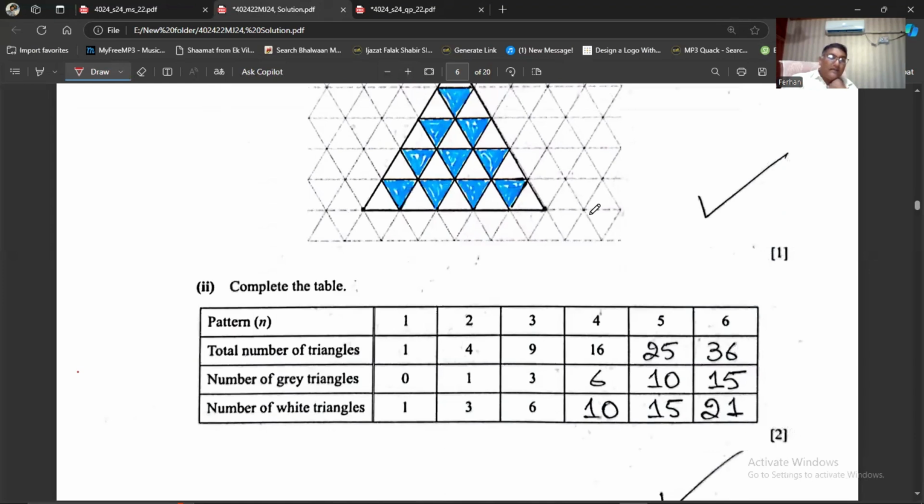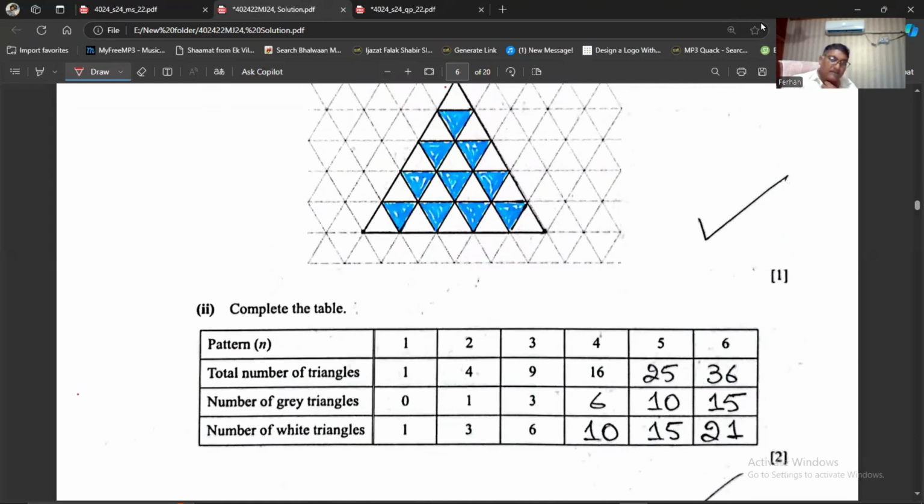And here you have 10 gray tiles. So pay attention. Here 1 is added, then 2 is added, then 3 is added, then 4 is added, then 5 will be added. So here I will write 15. This 10 I counted from here.